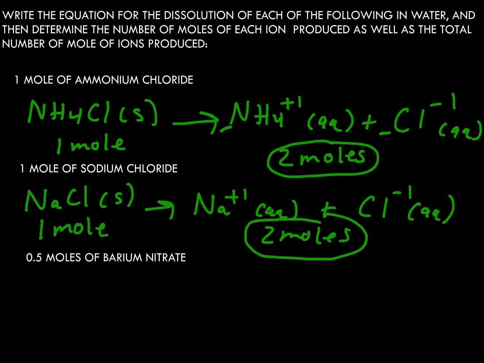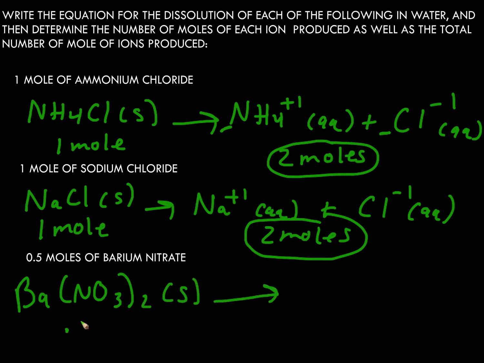I have 0.5 moles of barium nitrate, Ba(NO3)2. Remember, that's a solid. And it's 0.5, so we have to look at that as your coefficient. Whenever you have a coefficient of 1, you're going to have 0.5. Then you'd multiply the 0.5 by whatever coefficient you have to get your number of moles.